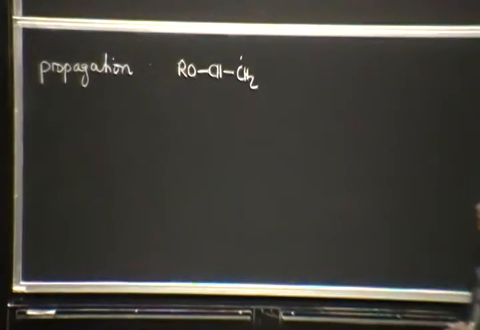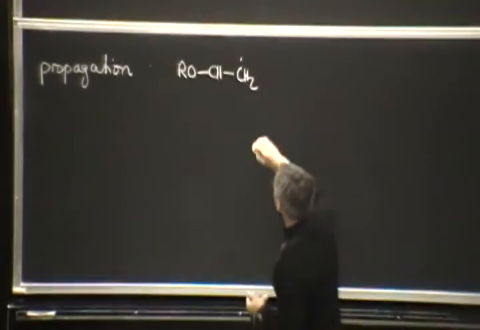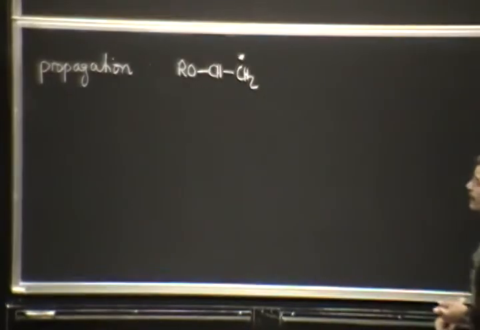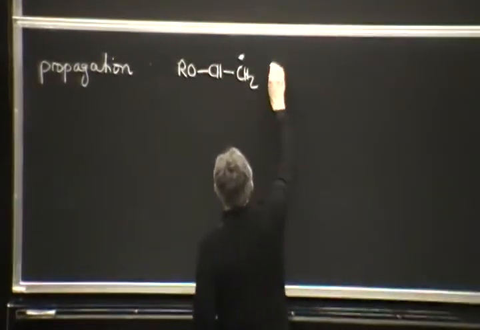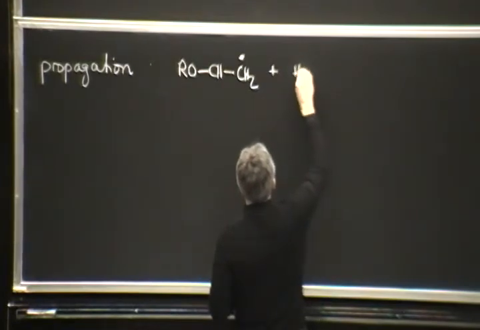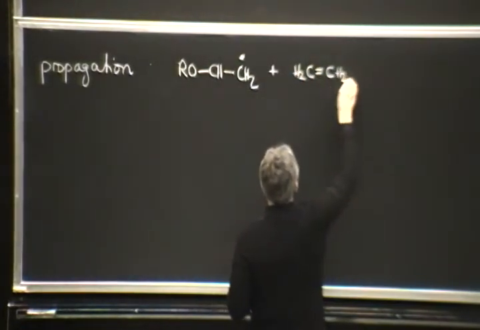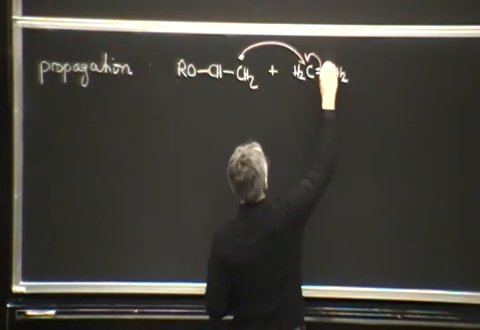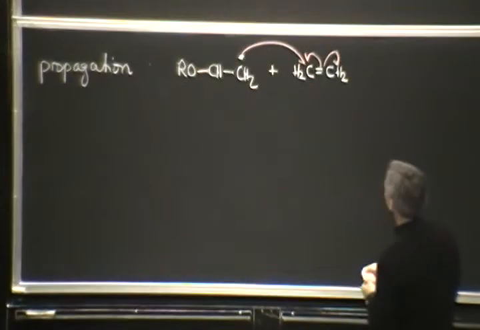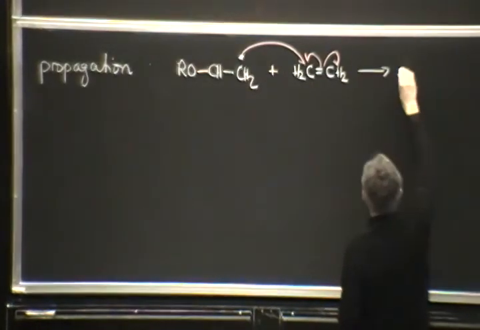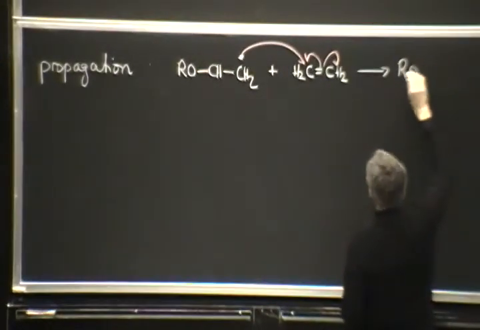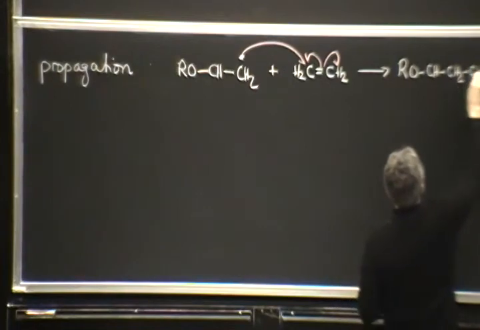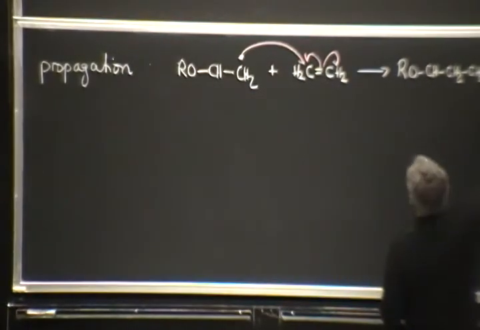So from our oxygen dot radical that is added onto an ethylene molecule, we generate, in this case, this primary methylene radical, and that reacts with another equivalent of ethylene, and it essentially just combines with the pi system and generates a larger compound. You can see how the chain here grows.